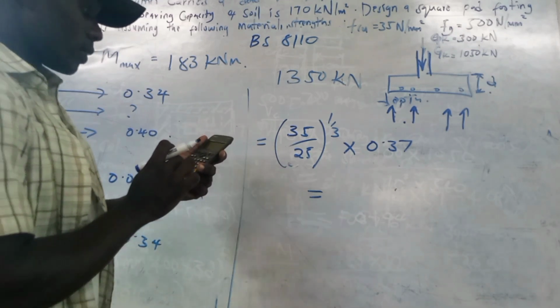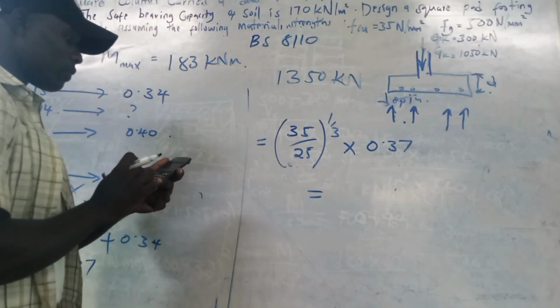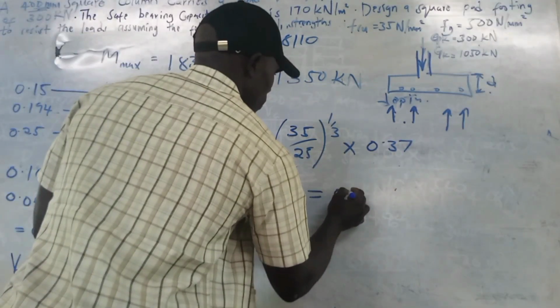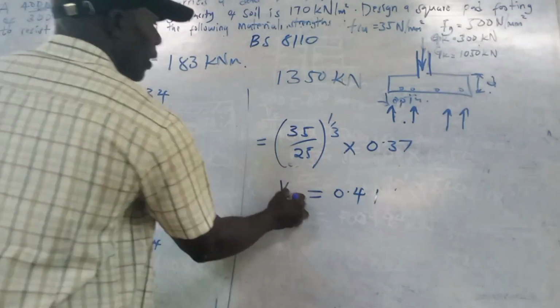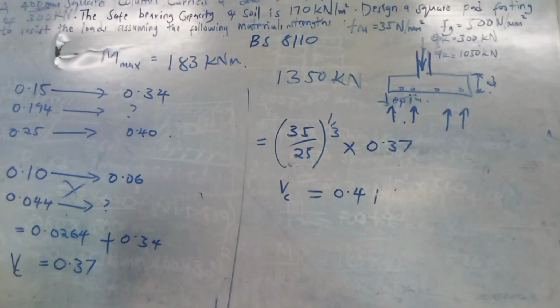What do you get? 0.41 as our design concrete shear stress.